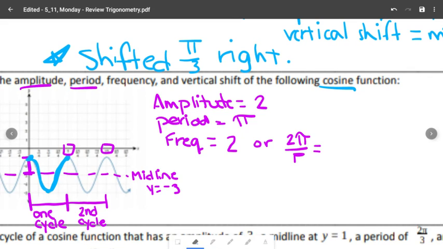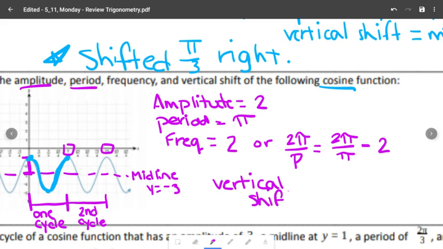I'll make that a little clearer that that's a p. So 2 pi divided by the pi that we found also gets us the 2. So either way, frequency is 2. And last, the vertical shift. Remember, vertical shift is equal to your midline. So I'm down at negative 3. So there is my vertical shift.